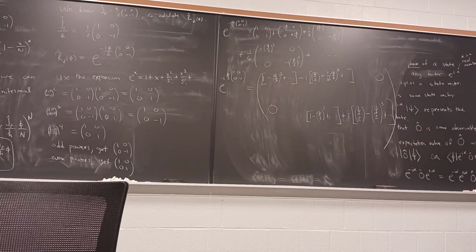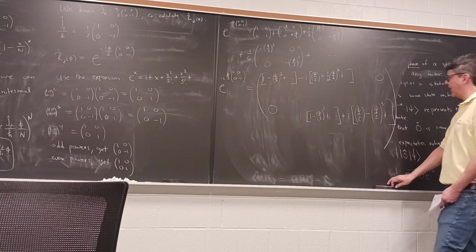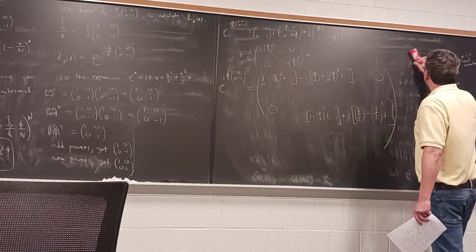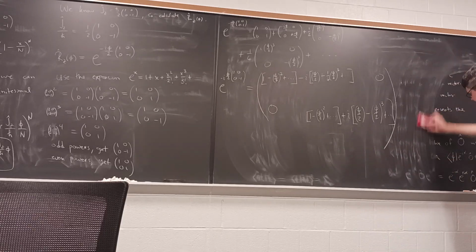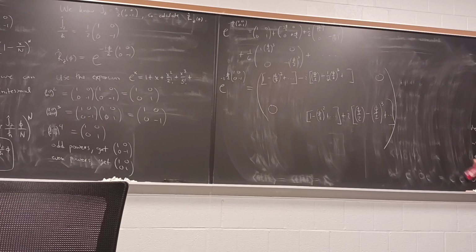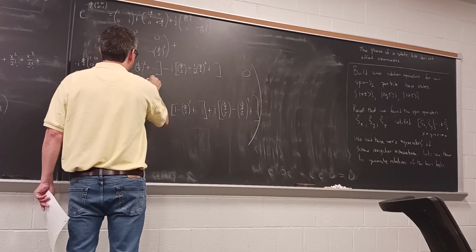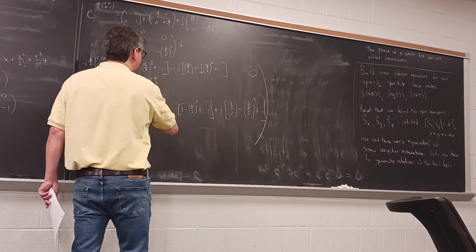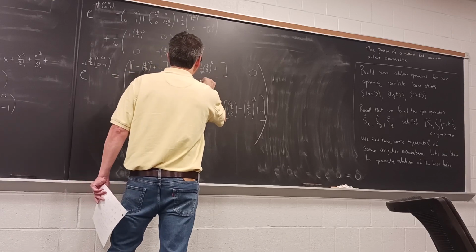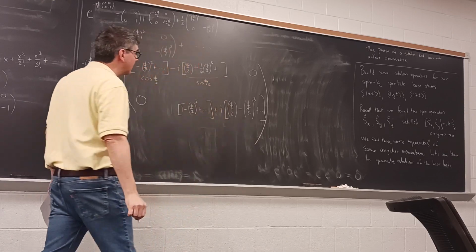Okay, so this is how you calculate the matrix representation. So this here is the beginning of the cosine. This is cosine phi over 2, and this is sine phi over 2.